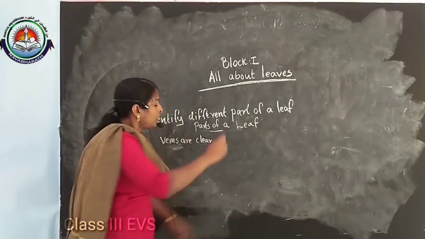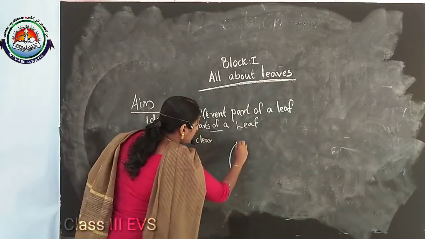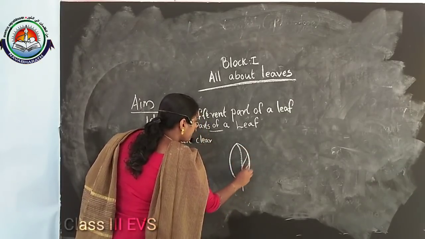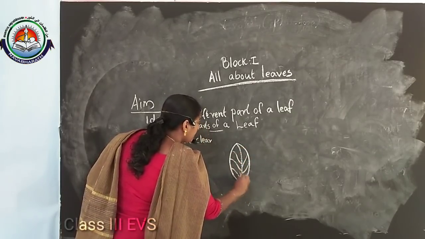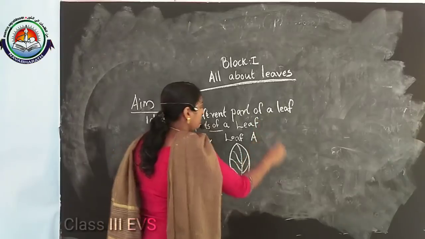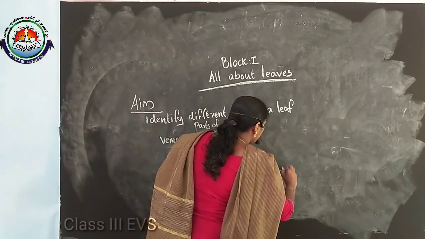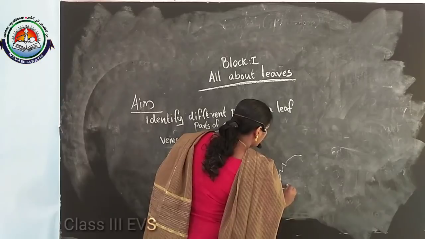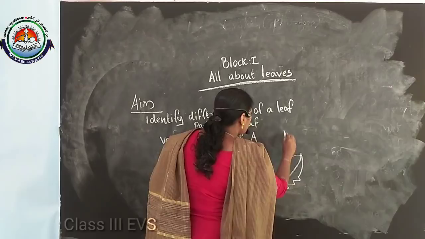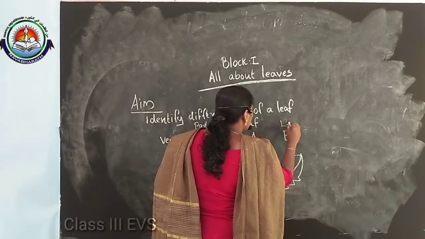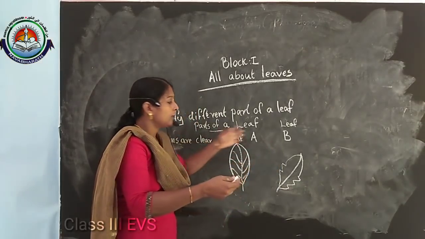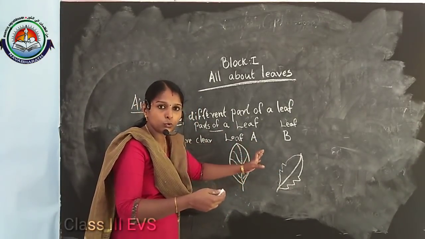Okay, so this is leaf A. Then leaf B. So we can see some similarities and also differences between these two leaves.